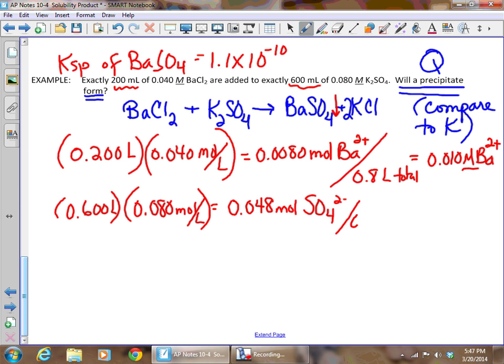Dividing that by, once again, 0.8 liters total, we end up with 0.060 molar sulfate ion.